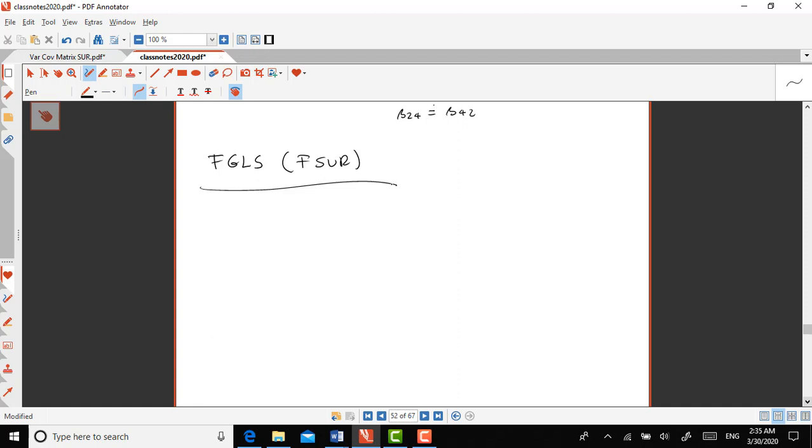So how do we go about estimating this feasible generalized least squares in the context of SUR? So step one, we would use OLS to estimate each equation separately.